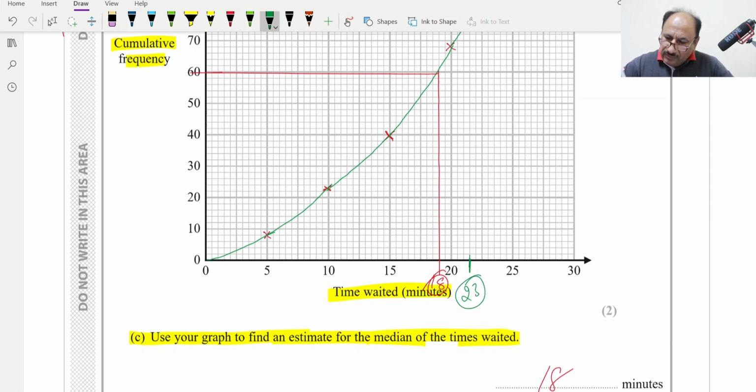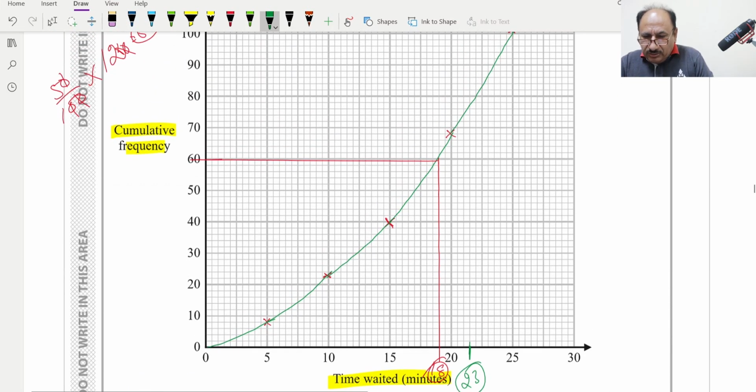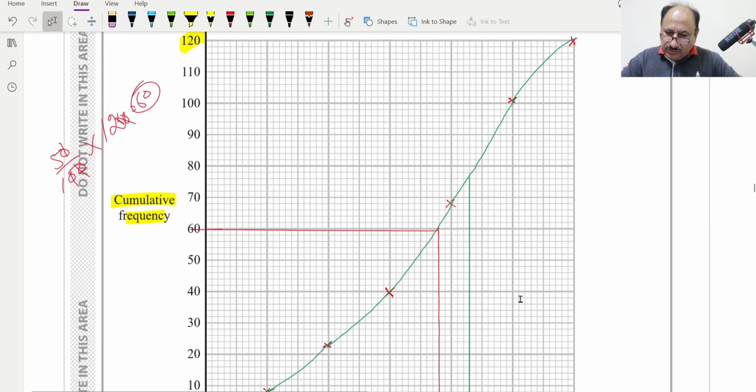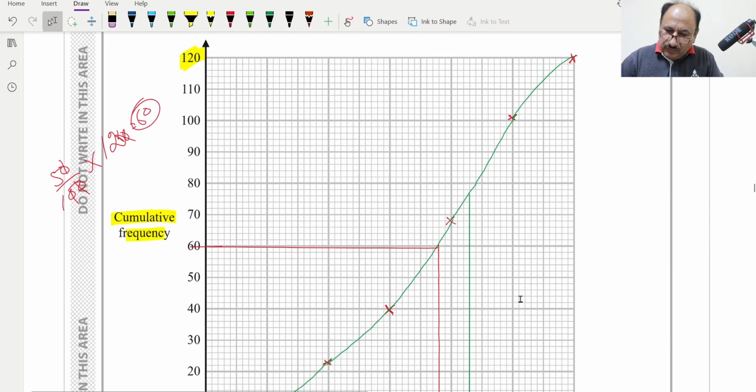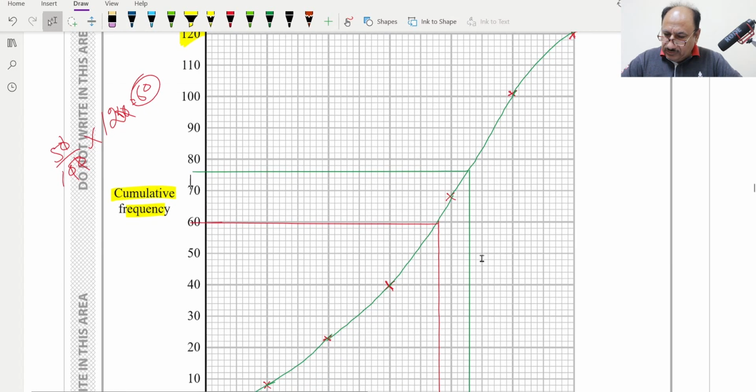We will be taking the reference from here, from 23, and drawing the reference for 23. Over here, yes, we have drawn this one, and on the other side also we will check what this reference will be.